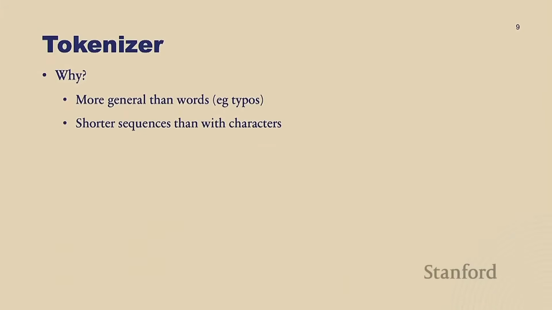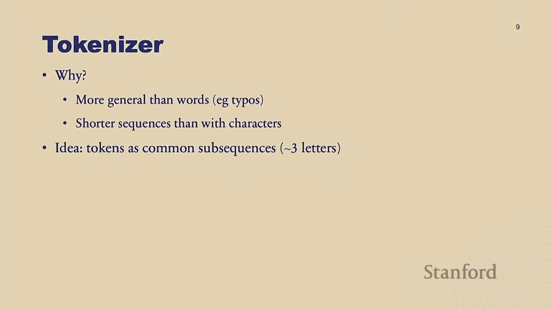And also, words are fine with Latin-based languages. But if you think about a language like Thai, you won't have a simple way of tokenizing by spaces because there are no spaces between words. So really, tokens are much more general than words. Second, you might think of tokenizing every sentence character by character. You might say A is one token, B is another token. That would actually work, and probably very well.